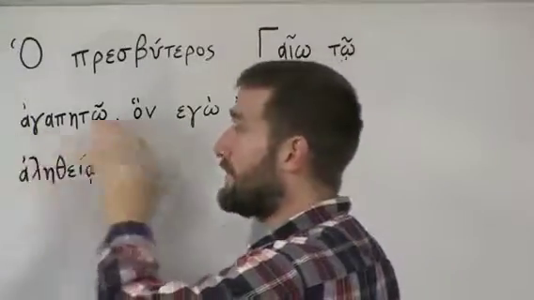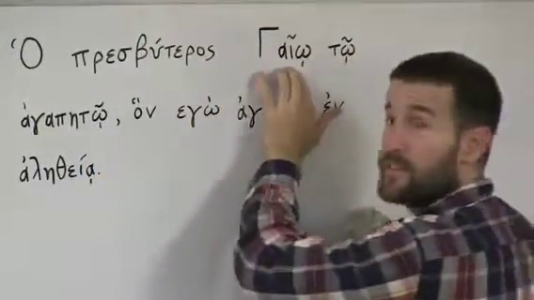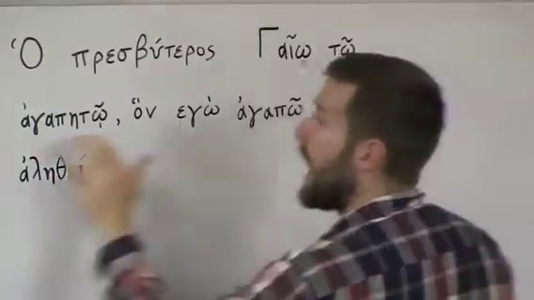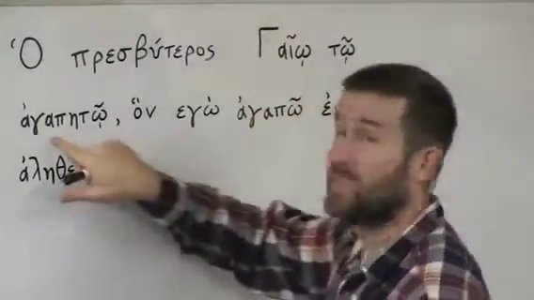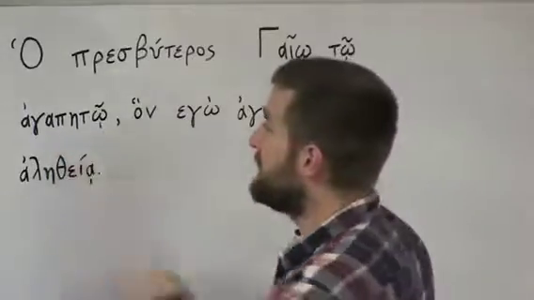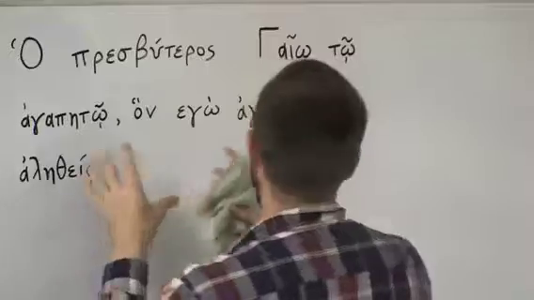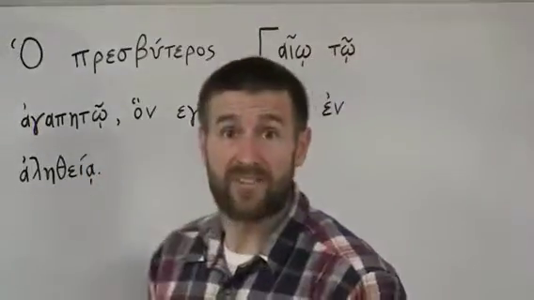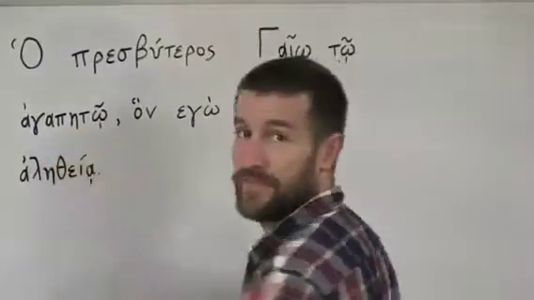This word agapito in the dative case, because we're still talking about Gaius. So it's Gaio to agapito. Gaius the beloved, okay? Because this is an adjective in the dative case that's talking about Gaius, okay? So basically this is saying the beloved Gaius, all right?